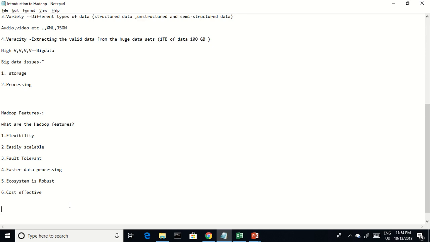In 2002, Doug Cutting and Mike Cafarella, two guys, were doing part-time work on a Nutch project. The main intention was to develop a search engine. In 2002, the Google search engine was very, very popular.